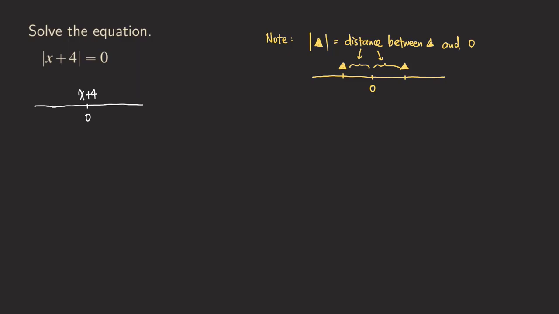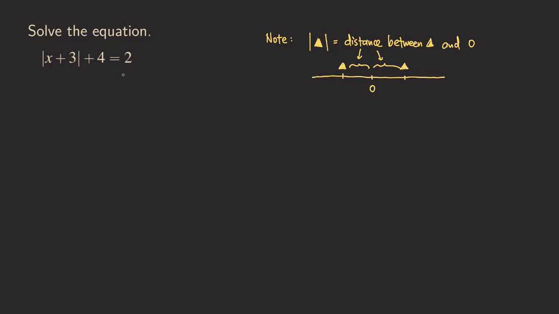It will only give us one case. So we have just x plus 4 is equal to 0. And so that's it. We solve this equation, and we are going to get negative 4. That would be our final answer. Okay, let's see another example.